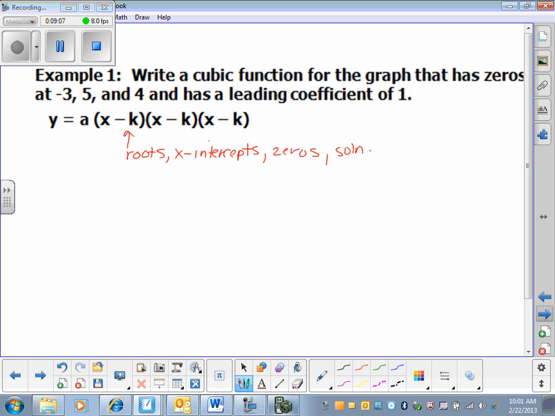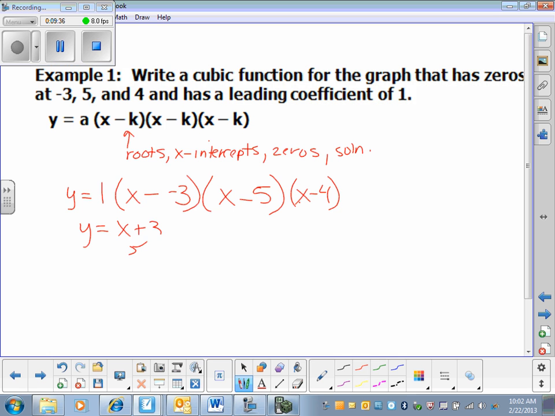So, it's going to be y equals 1 times x minus, and I'm just going to plug in all my roots. So minus -3, x minus 5, and then x minus 4. And then you just clean it up, right? To get y equals x plus 3, x minus 5, and x minus 4.